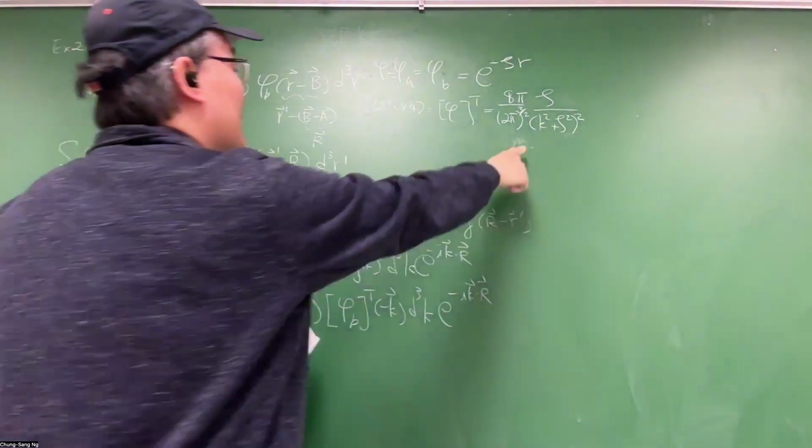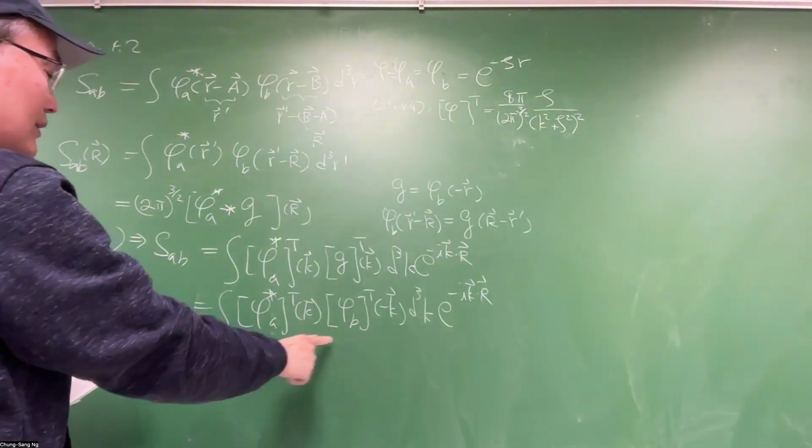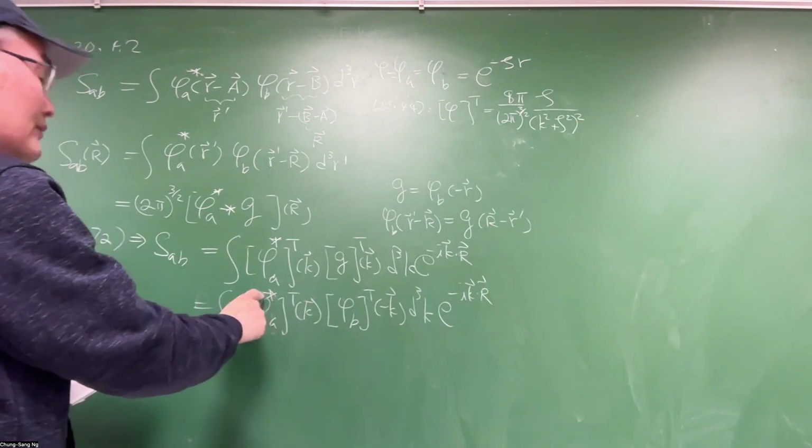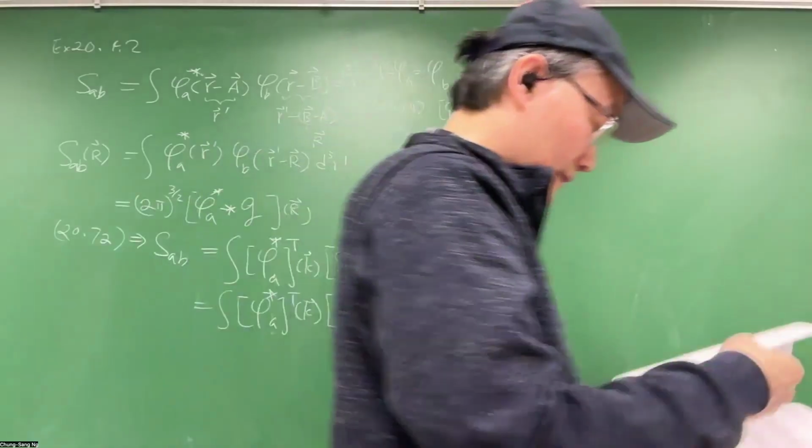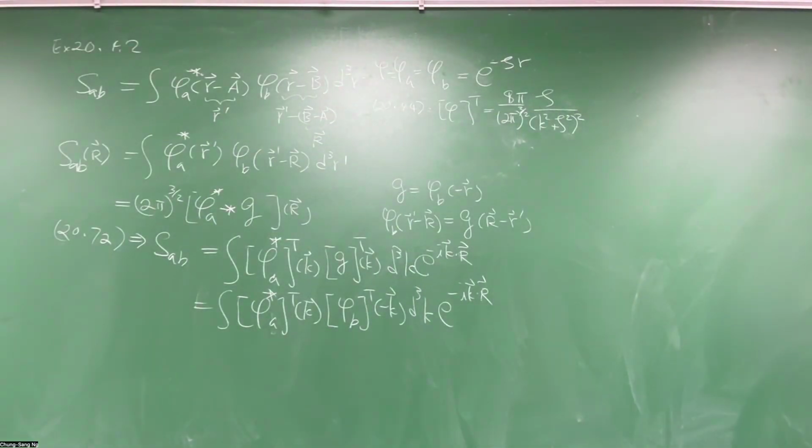Now you can substitute this into both places, because A and B are the same and the complex conjugate is the same. The final result is not very complicated. It's just an integral that can be evaluated.